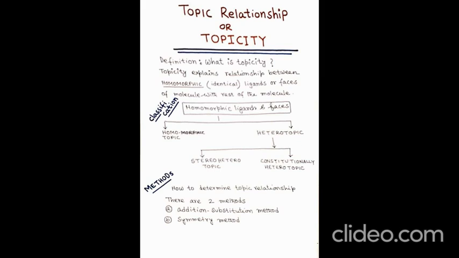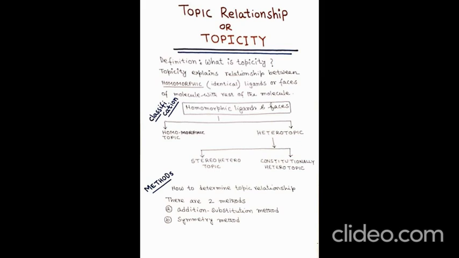Now let us go to the classification, meaning the terminologies we are going to use in this topic. Homomorphic ligands or homomorphic phases can be of two types: one is homotopic, another one is heterotopic.